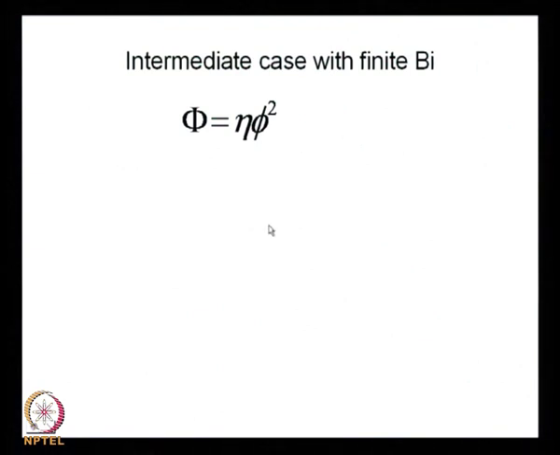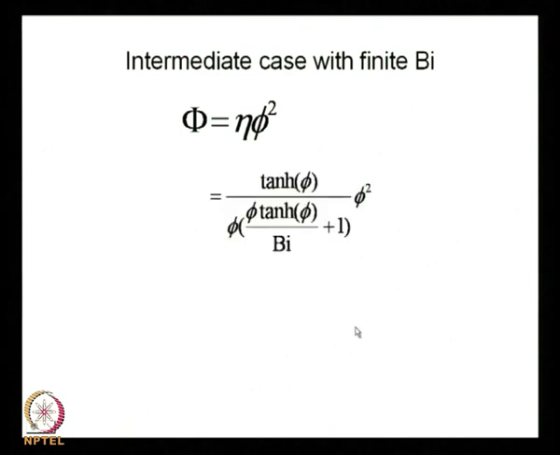If this is my expression for all cases, big phi equals eta times phi square. I am not making any limiting approximations over here, so this is a normal expression. Now, what I do is I go back and put in the total expression in the presence of the Biot number, remember.